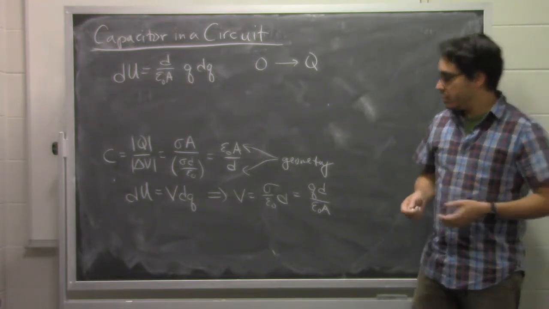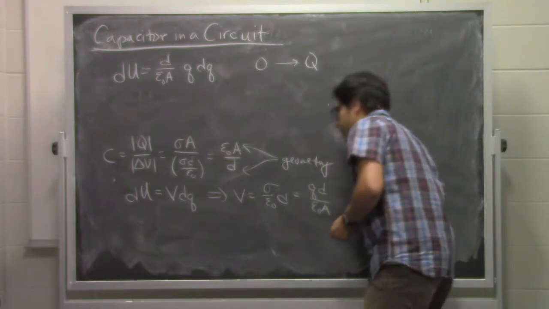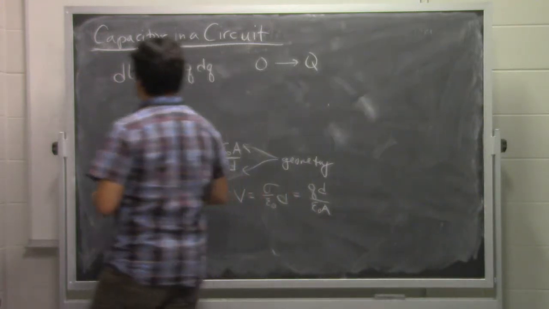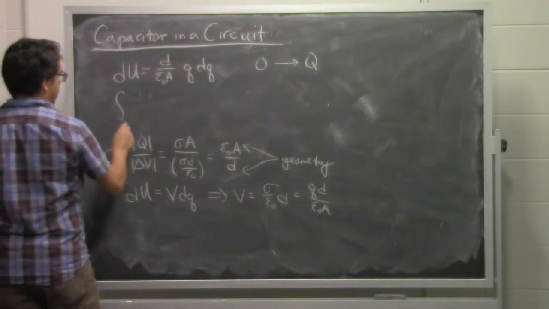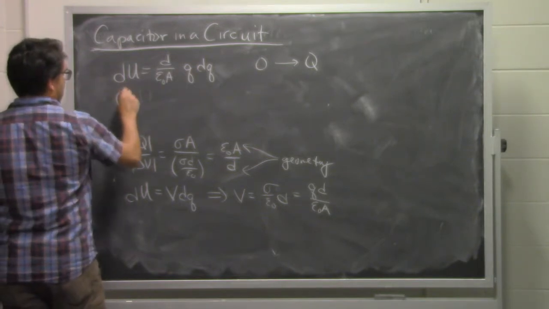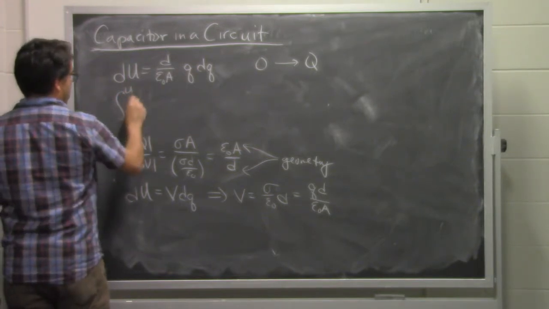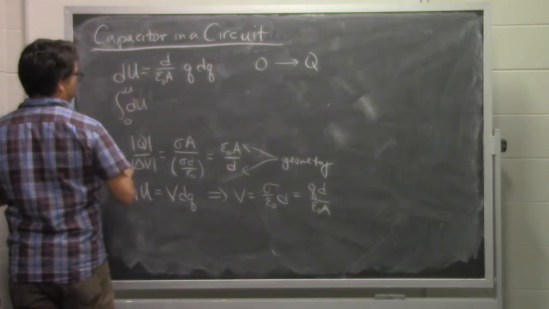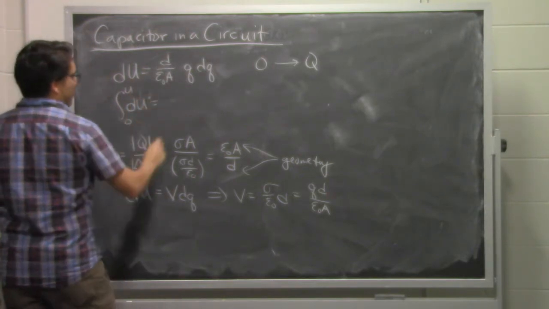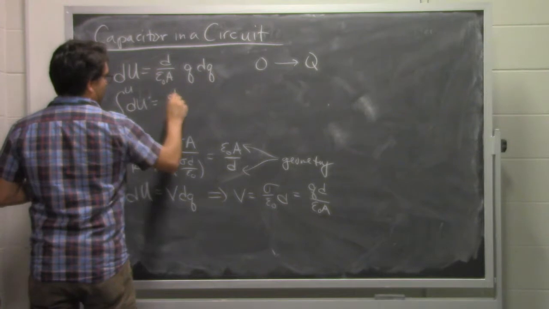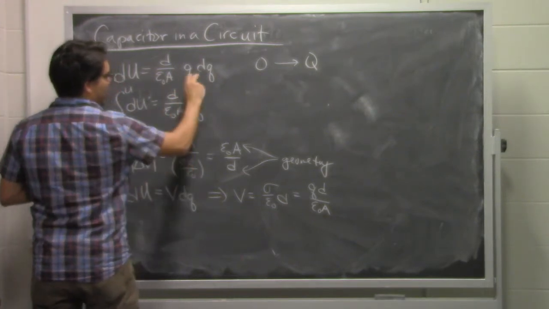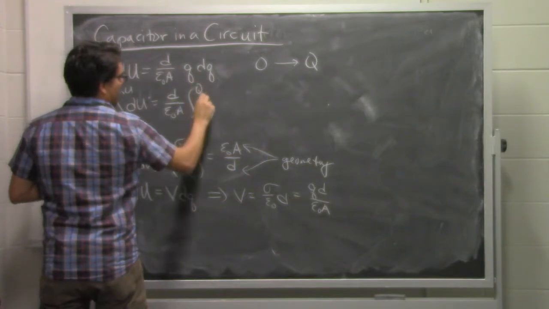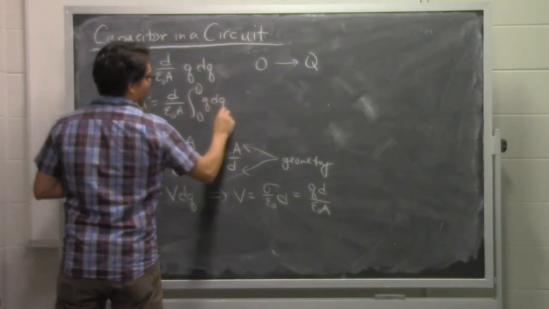So as we charge this thing up, what we're going to find is that we can integrate this. Assuming that there's no charge to begin with, we can assume that there's no potential energy, and there will be some total potential energy associated with the end situation. And so what we're going to end up integrating is a constant times this function here, q dq, which is an integral that we know how to do, right?